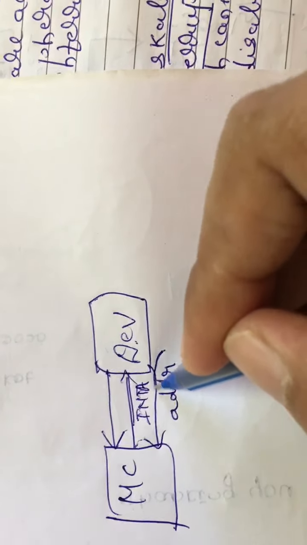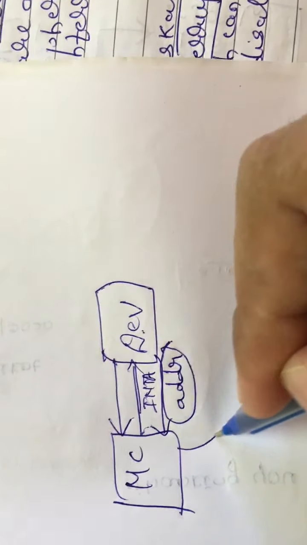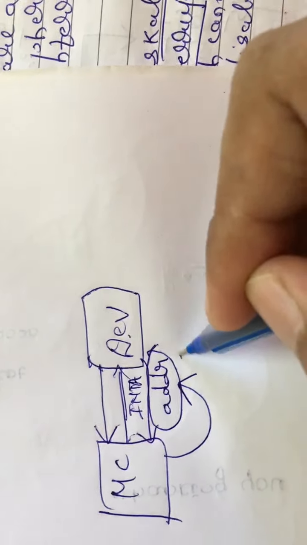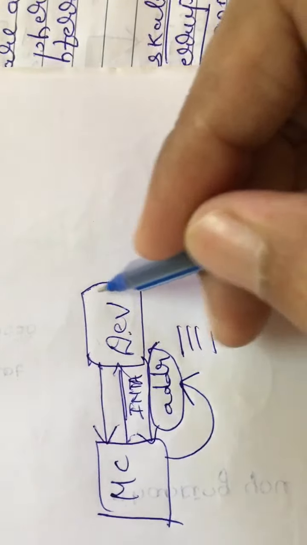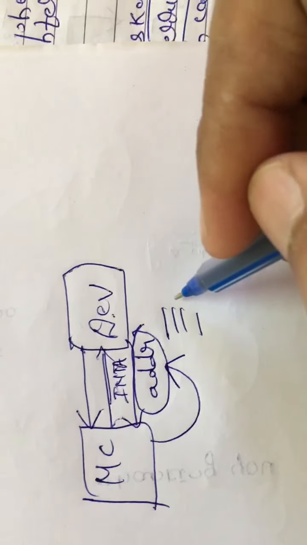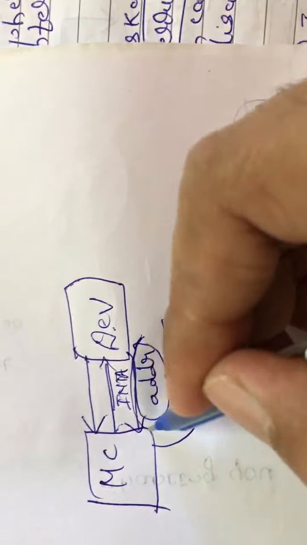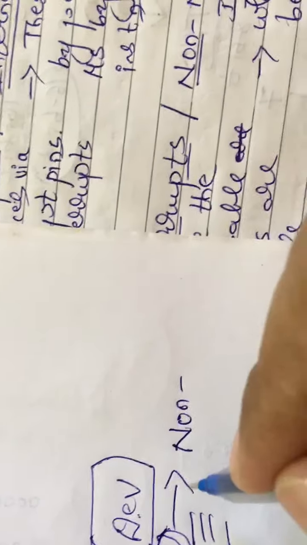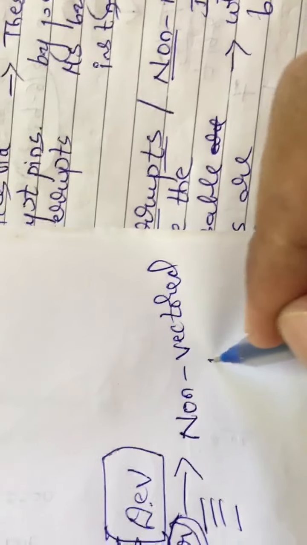The microcontroller will fetch that address and the instructions with respect to that device will be executed. So this address is called the non-vectored address. Hope this is clear. You can call it a non-vectored interrupt.